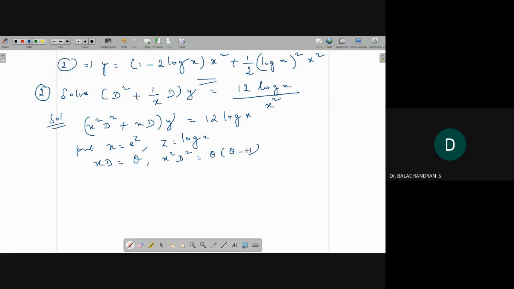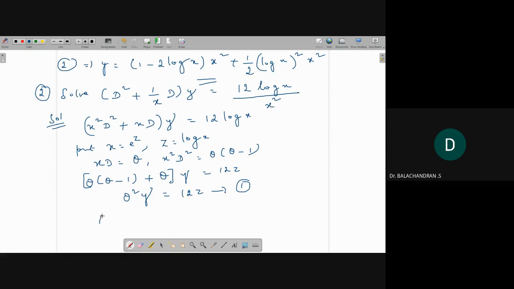So now from this equation, if we substitute everything here, theta into theta minus 1 plus xD is theta, into y equal to 12 log x is z. So now this is theta square minus theta plus theta, theta gets cancelled, equal to 12z. So this is a second order linear differential equation with constant coefficient.